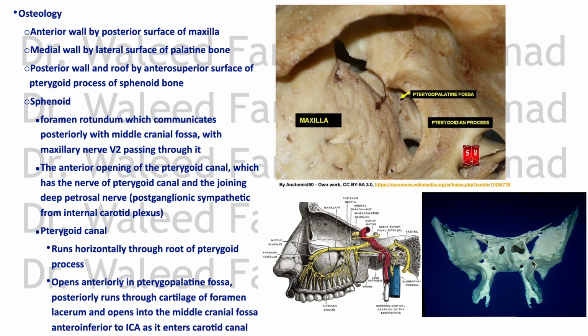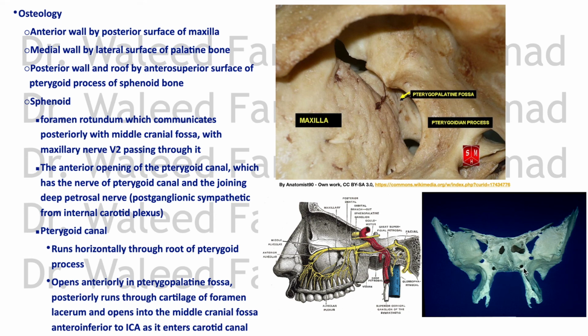This is the foramen rotundum, where the maxillary nerve will come through and be a part of the pterygopalatine fossa, and the pterygoid canal that contains the pterygoid nerve, or the Vidian nerve, and the pterygoid branch of the maxillary artery.